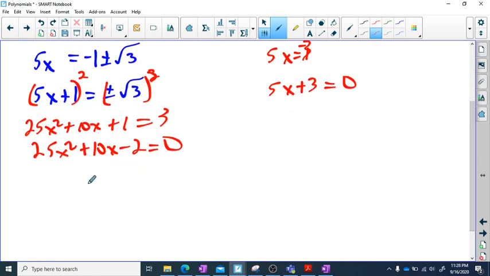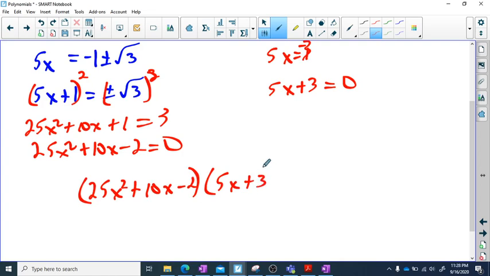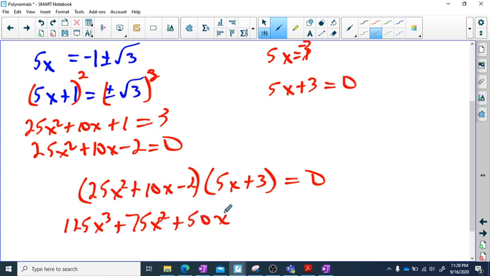All we now do is take 25x squared plus 10x minus 2, and multiply it by 5x plus 3 and make it equal to 0 to build our equation. So 25 times 5 is 125x cubed. 25 times 3, 75x squared. 10x times 5x, 50x squared. 10x times 3, plus 30x.